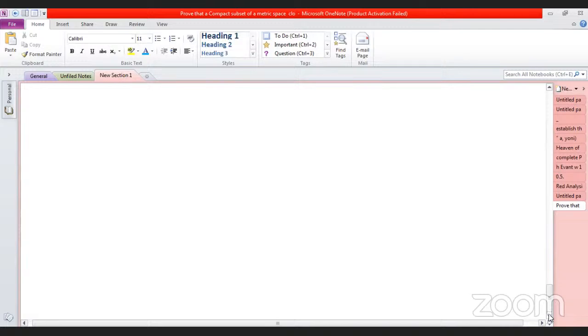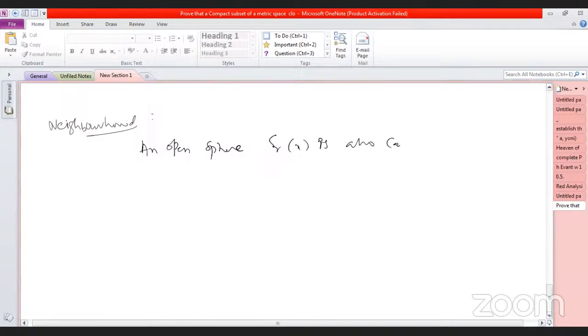What is neighborhood? Can anyone tell me? Neighborhood. What is neighborhood? I don't know that, sir. Okay, an open sphere S_r(x) is also called a neighborhood of x.